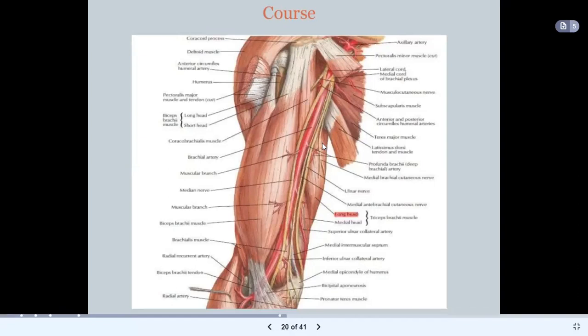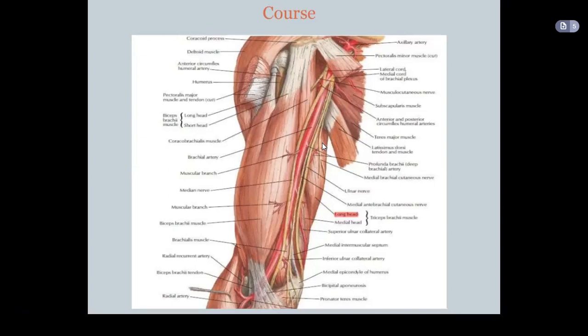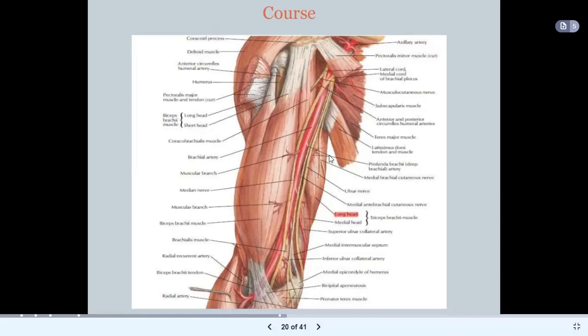The bulk of the triceps muscle is posterior, right? The triceps, the coracobrachialis, and the biceps are the main ones, and then the radial nerve also runs behind. So that will be the posterior relation.